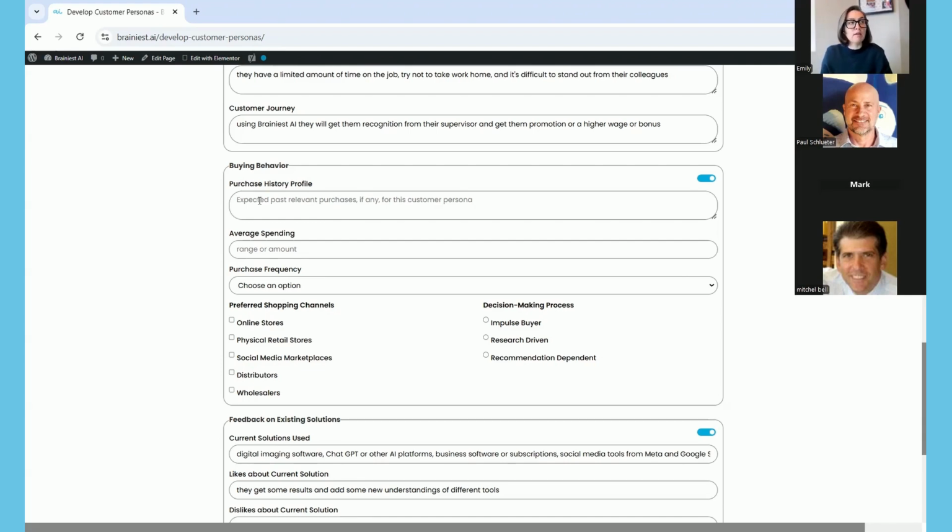Similar to, and I used this example in a webinar yesterday, if you sell different types of cell phone cases, it's going to be important that one of your audience's past purchases is in fact a cell phone, and probably more particularly a cell phone that fits the kind of case you're selling, right?